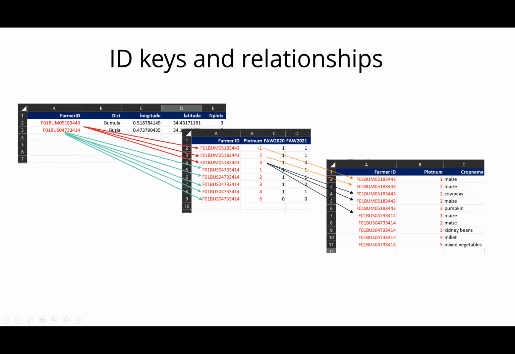And each plot then has a different number of crops. Plot number 1 has one crop, that's maize. Plot number 2 has 1 crop, that's maize. Plot number 3 has 3 crops, cowpea, maize, and pumpkin. And that happens in different years, but plot number 3 has had these crops.